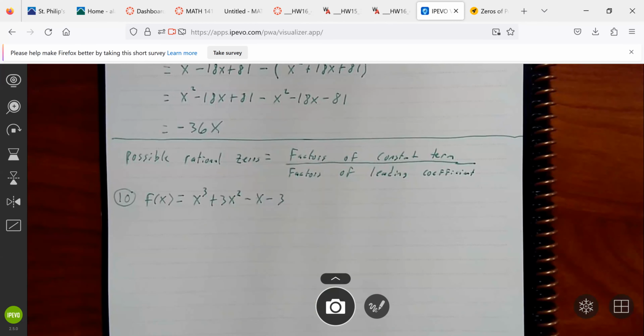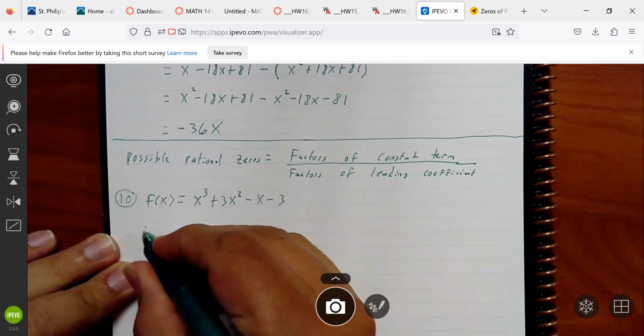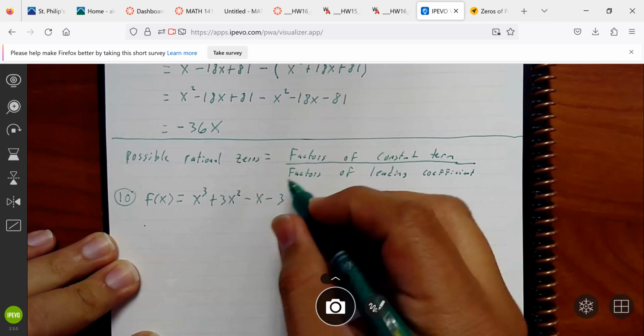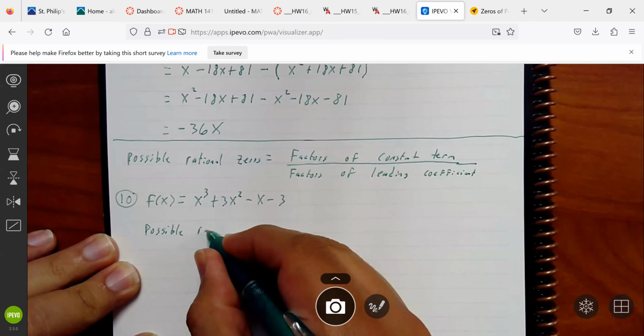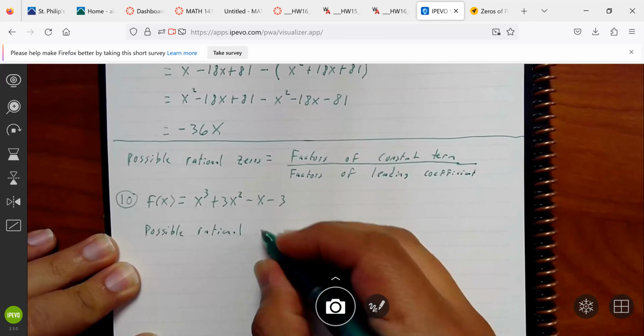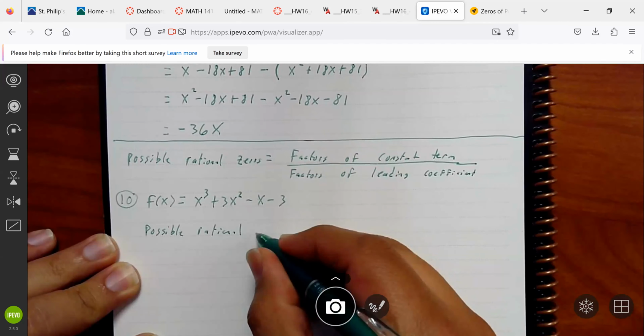So the possible zeros, right? So look at the factors. Possible rational zeros is equal to all the factors of the constant term.